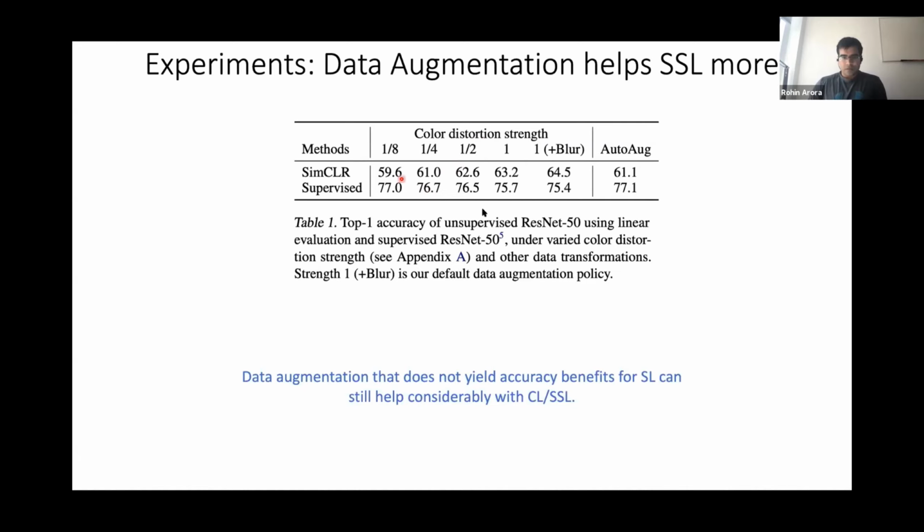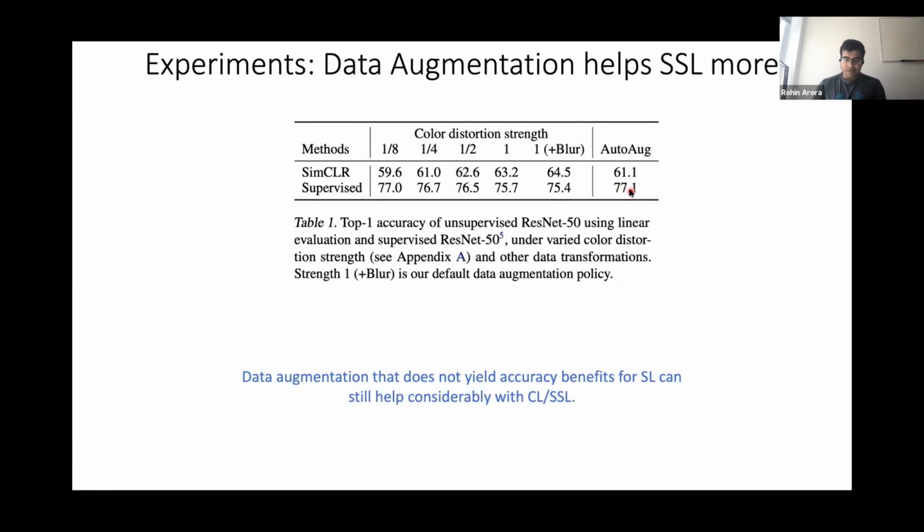Now we are coming to the experiments, the results. What this slide is showing is that the more they do color distortion, the better the accuracy becomes. So color distortion really helped them in getting a really good number. An interesting thing was there is an algorithm called AutoAug, which is a really famous algorithm. You can see AutoAug pushes the supervised result really well. So in the last row, AutoAug gives the best result.